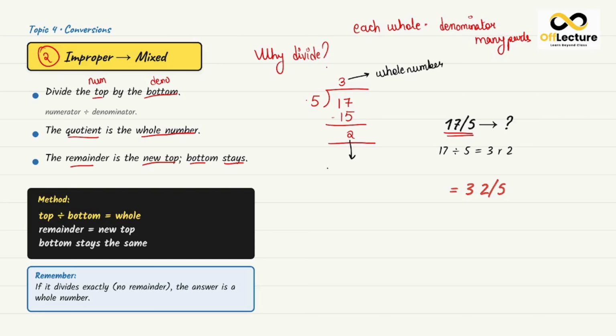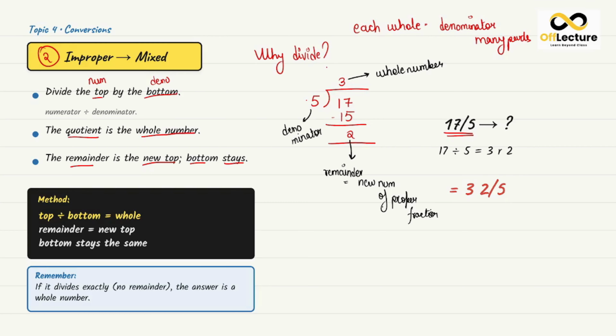This remainder is my new top, that is my new numerator of the proper fraction, and the divisor will remain as my denominator.